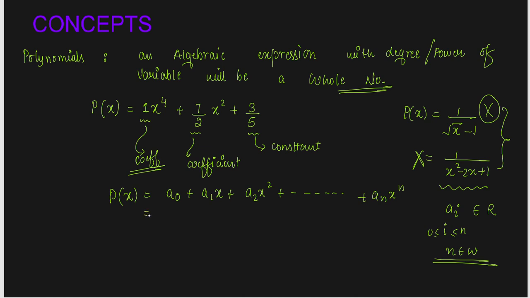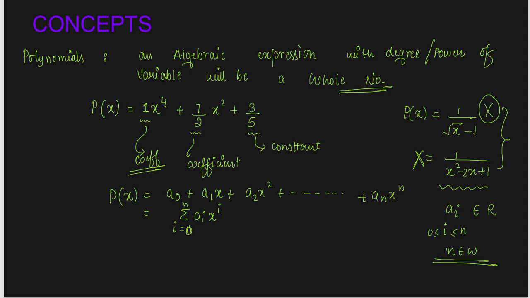This can be written with sigma notation as the summation of ai xi, where i is running from, not 1, it's 0 to n in this case. I hope this concept of polynomial is clear.